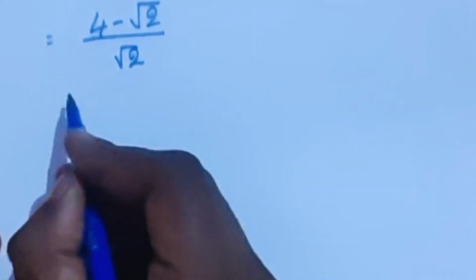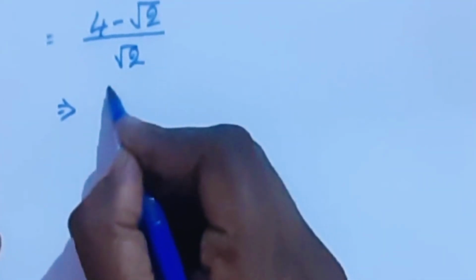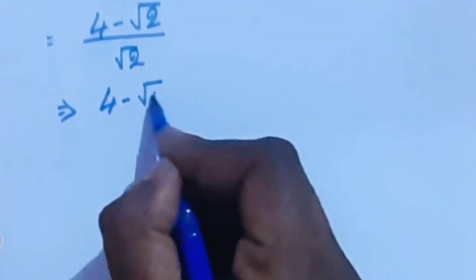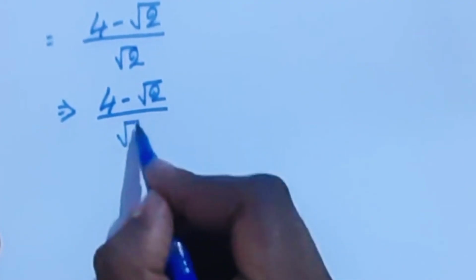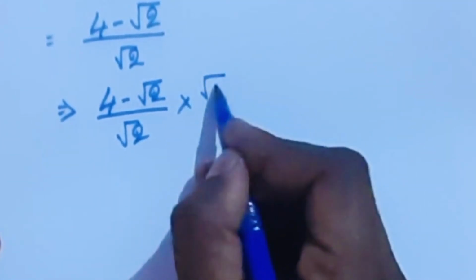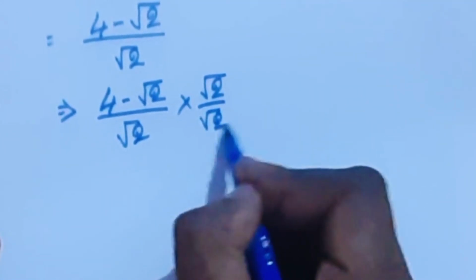Now we are going to multiply and divide by the square root of 2. So 4 minus square root of 2 by square root of 2 times square root of 2 by square root of 2.